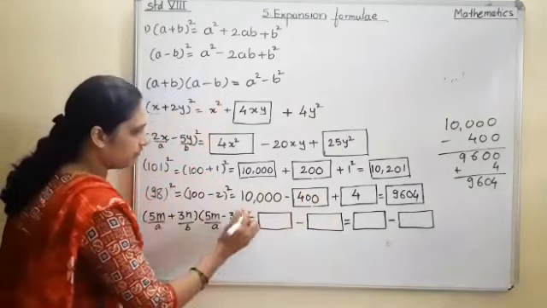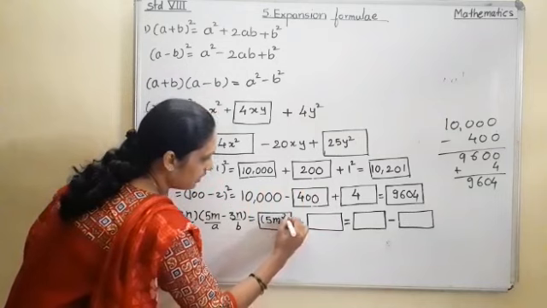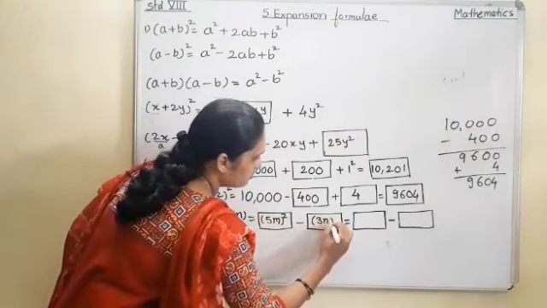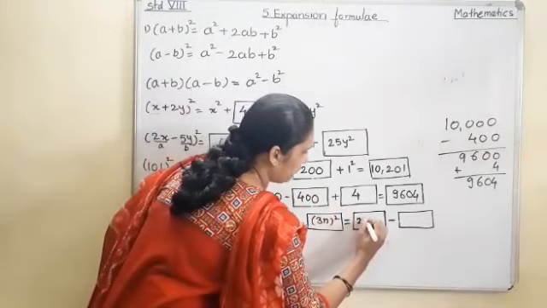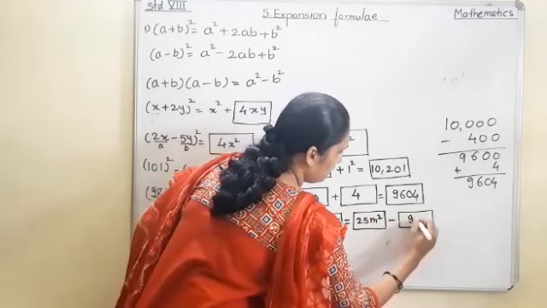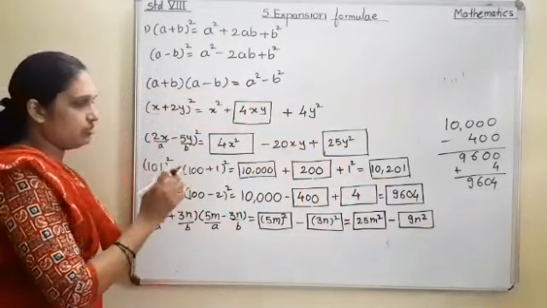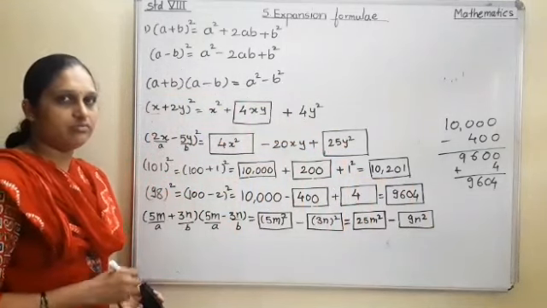So a means 5m, so here it will come (5m) square minus (3n) square. Now (5m) square: 5 square is 25 m square, minus 9n square. So this is the previous knowledge. So students, revise it again. Then we'll solve the further ones.